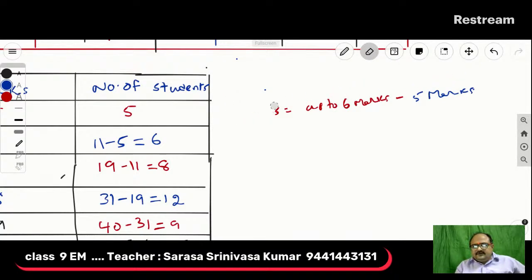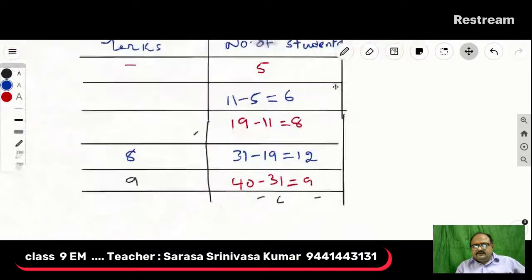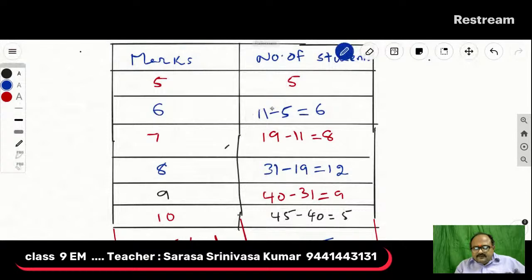So this is 11 minus 5. 11 is up to 6 marks. Up to 6 marks minus 5 marks: frequency of up to 6 marks minus frequency of 5 marks.